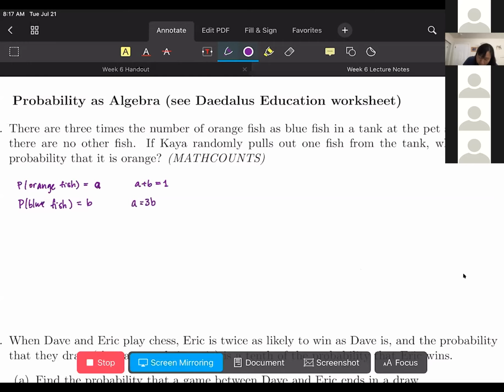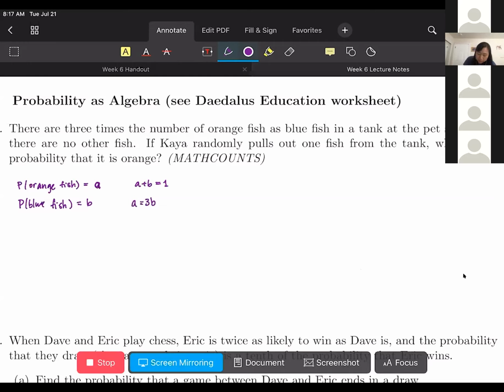So there's 3 times the number of orange fish as blue fish. Basically it's saying there are more orange fish than blue fish, and 3 times the number of blue fish equals the number of orange fish. So A equals 3B.